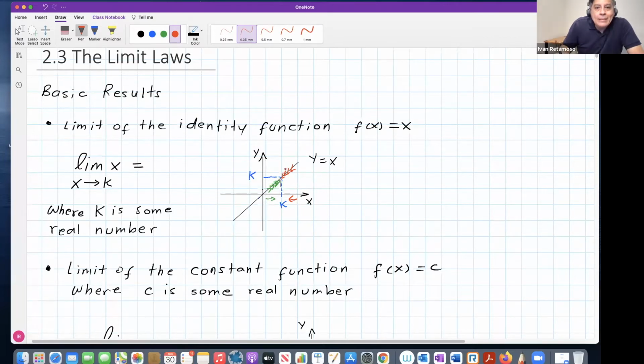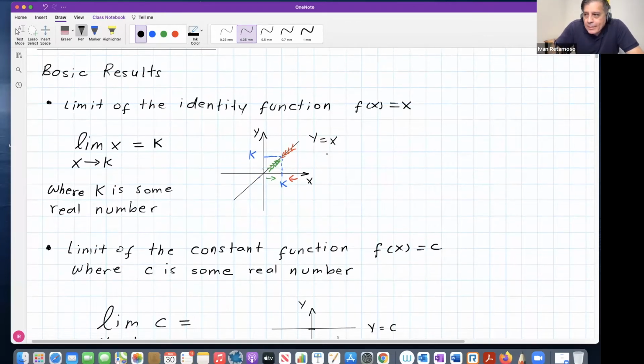There is convergence: from the left I'm going to k, from the right I'm going to k. So I have the right to say that the limit of the identity function x as x approaches k is just k. So from now on, when we encounter this function and we're taking limits, we just plug k into the function and get k.